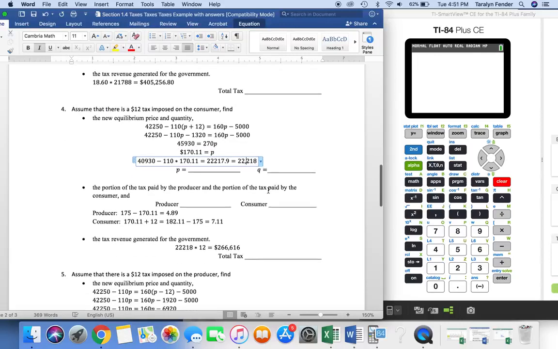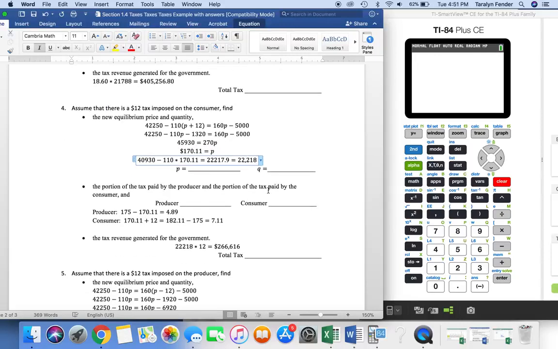So let's see who pays what of the $12 tax. The new equilibrium price is $170.11. We subtract that from 175 and the producer pays $4.89.